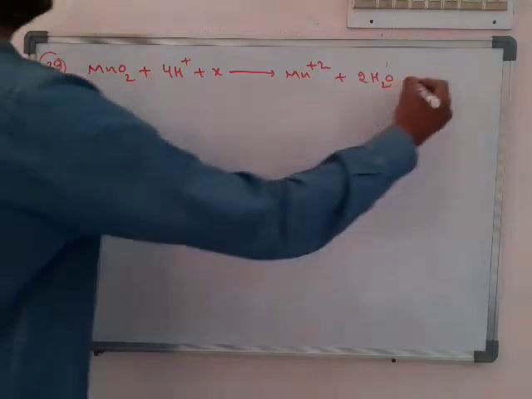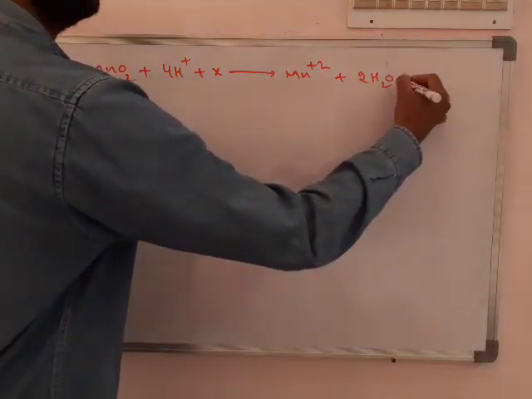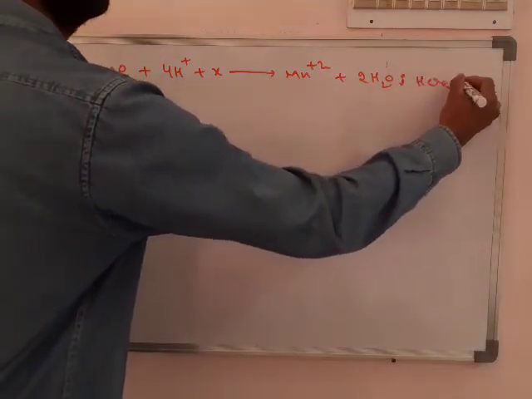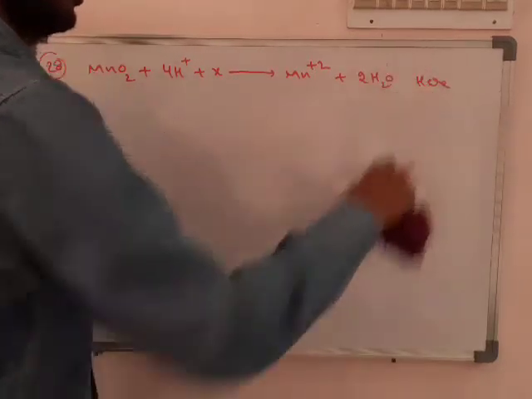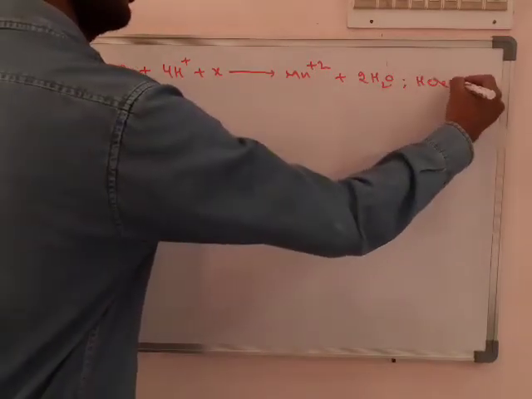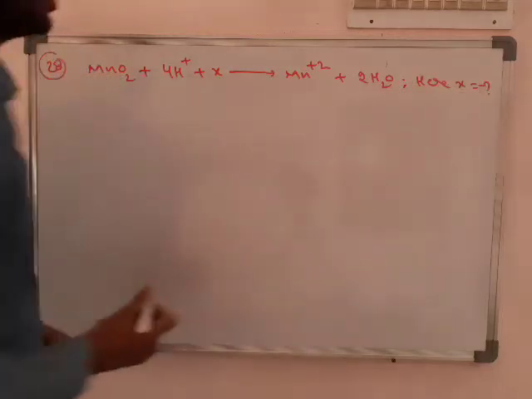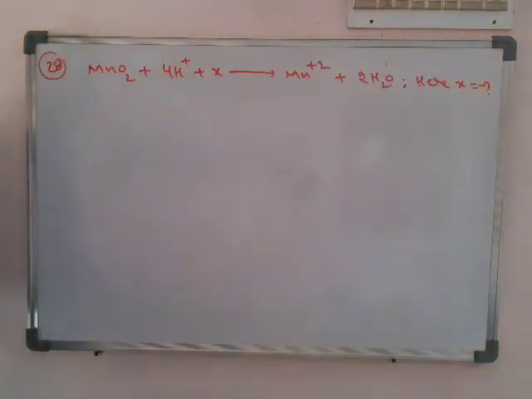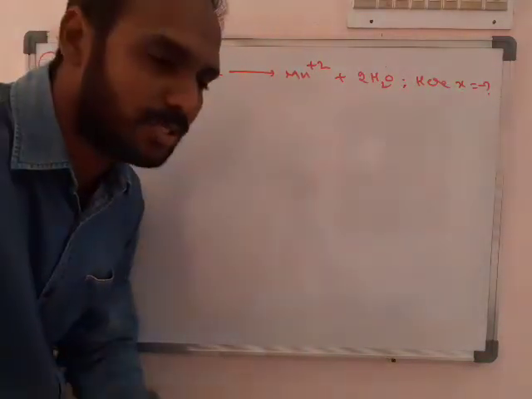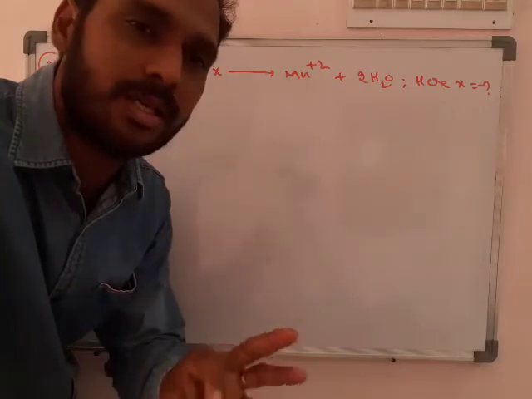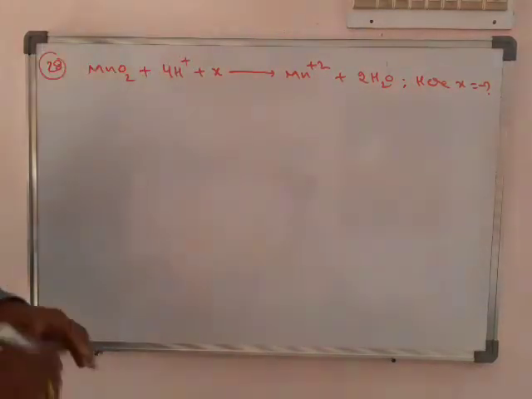I have to find the X value. The answer is given in terms of electrons, so we have to find the number of electrons in the place of X.